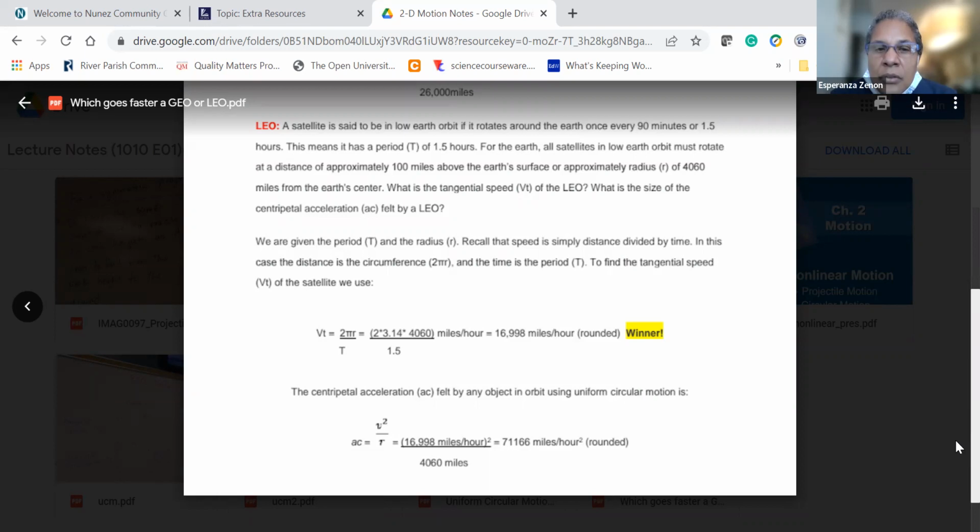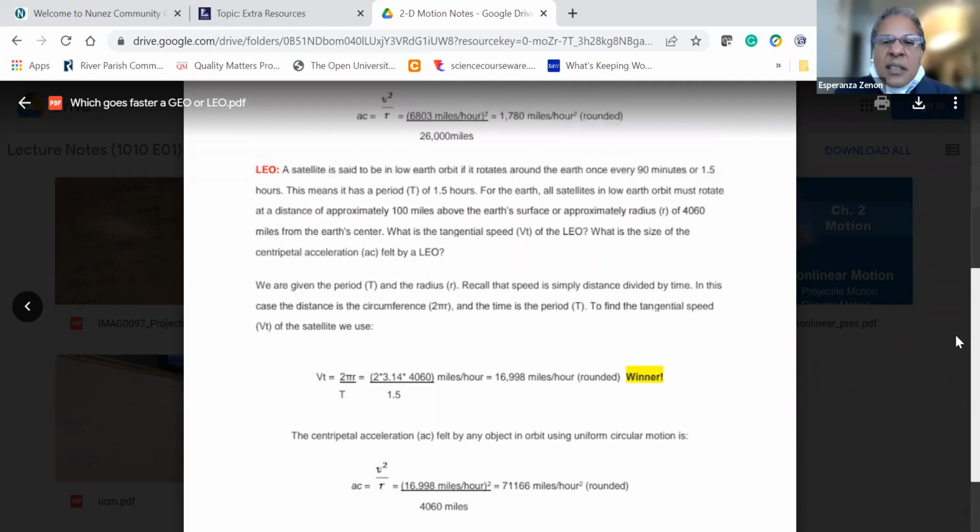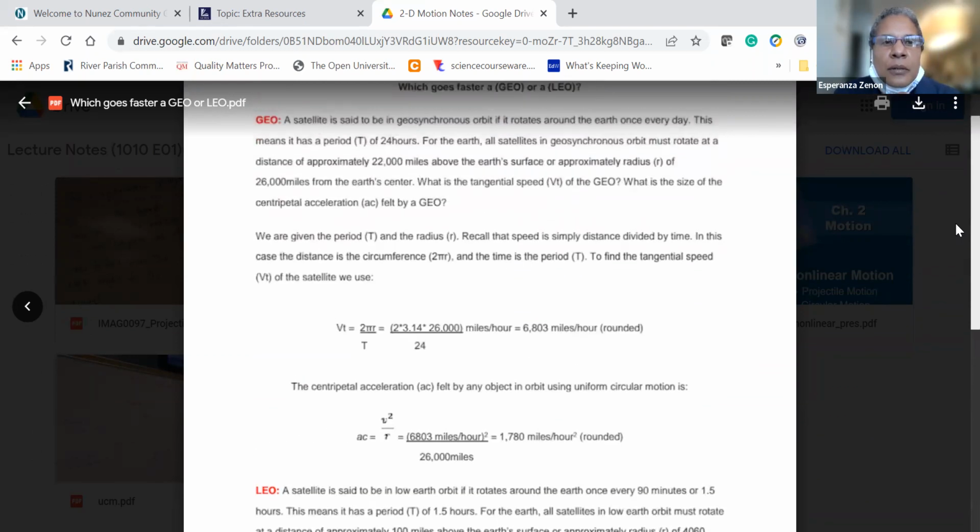Okay, to utilize those two formulas to adequately and quantitatively describe the motion of an object that's moving in a circle. Okay. Now, as far as our projectiles go, well, let me stop here and ask, what are your questions about this particular example that I've worked?